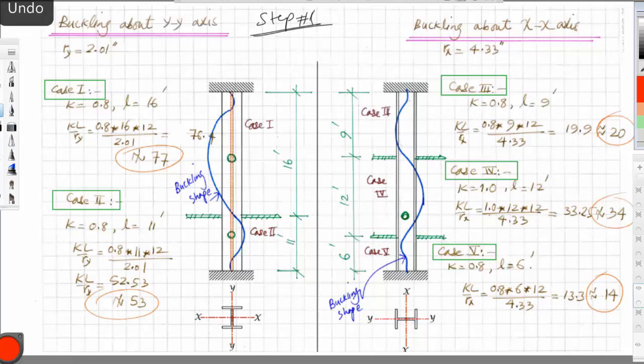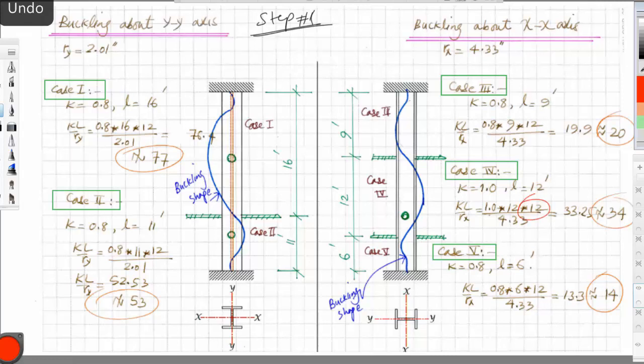Now all you need to do is apply these equations. K over Rx. K is again 0.8, length is 9, and conversion must be 12. And of course Rx is 4.33. Put these numbers, you'll get 19.9, so you round them up to 20. Same goes for this. We say the K is 1, and the length is 12.